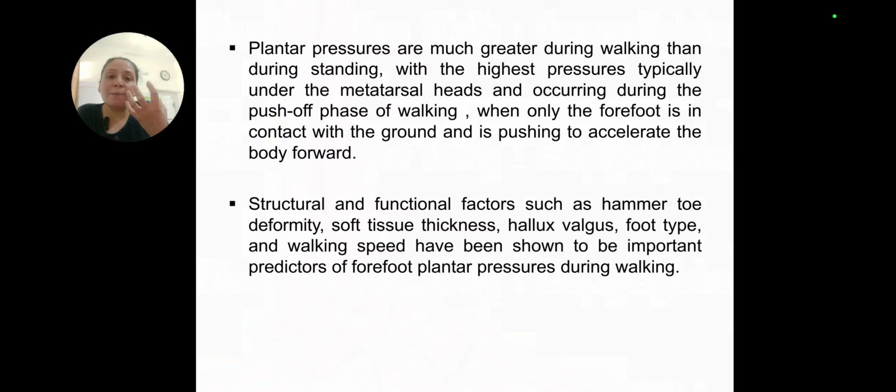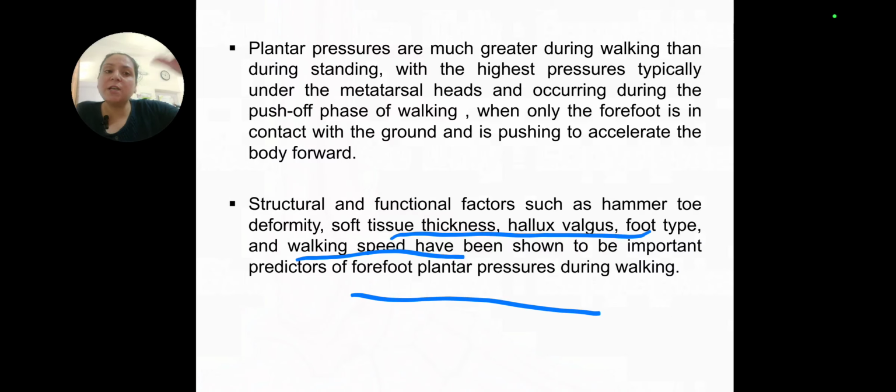It also improves the function of ligaments to hold the foot in different shapes while walking on uneven terrains. So it also plays a very crucial role in persons having hallux valgus or different foot types. So it helps in reducing the pressure on the bones during walking.